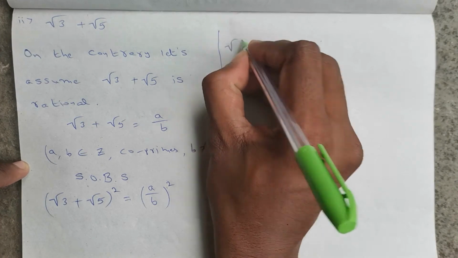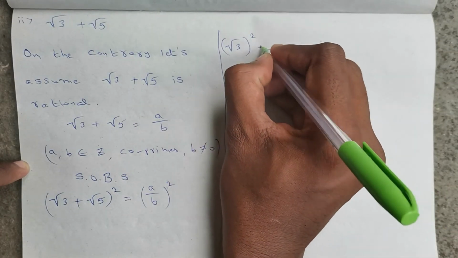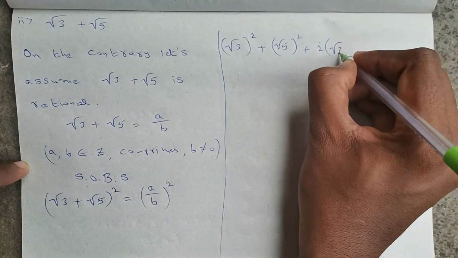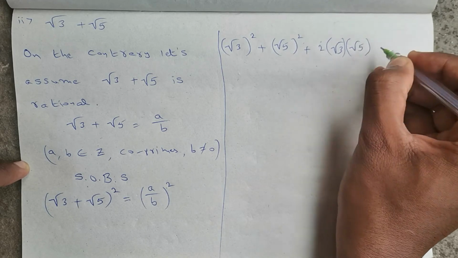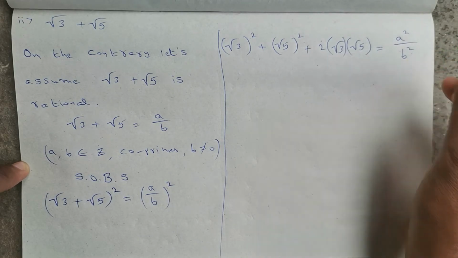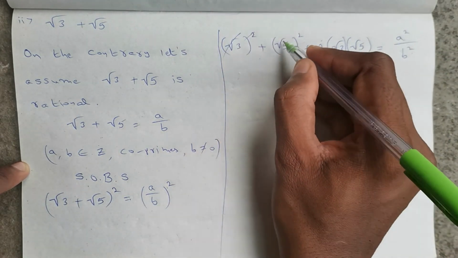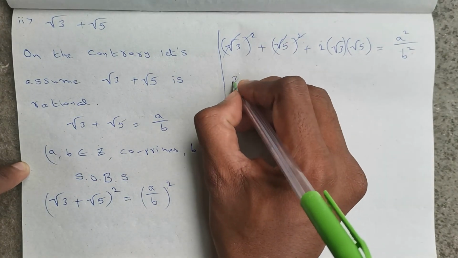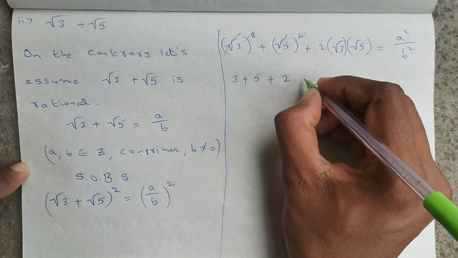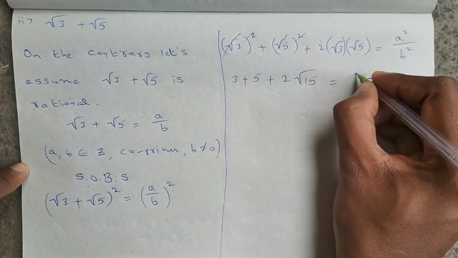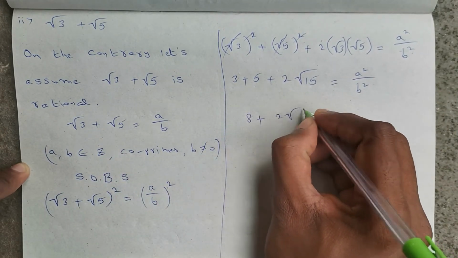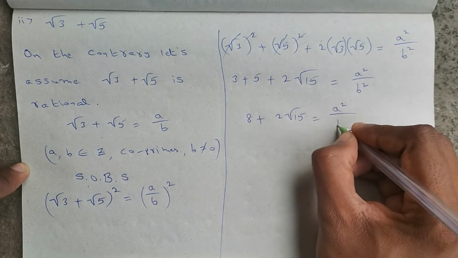So if we expand it, a square plus b square plus 2 into a into b is equals to a by b whole square, which can be written as a square by b square. Square root square cancel, square root square cancel. So this is 3 plus 5 plus 2 into root 3 into root 5, root 15, is equals to a square by b square. 3 plus 5 is 8, plus 2 root 15 is equals to a square by b square.